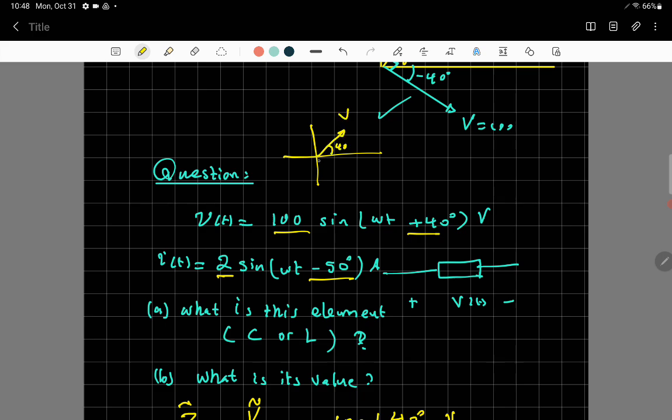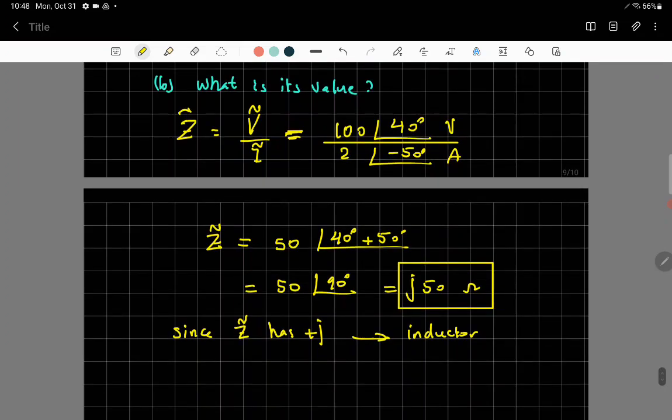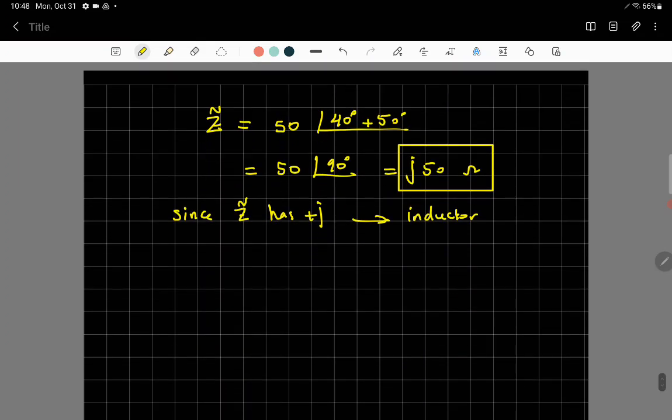That's the voltage, and the current is negative 50. So the current is lagging the voltage by 90. So obviously it's an inductor, because the current lags the voltage in an inductor only. And this is another way. So you can do it by inspection. You can, but I'm using this because it will help me to find the value for the inductor.